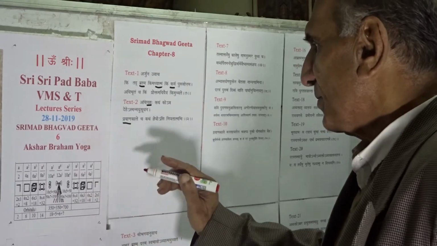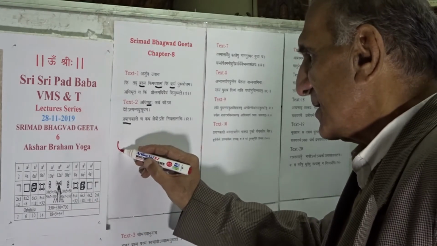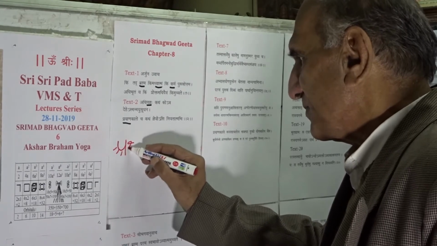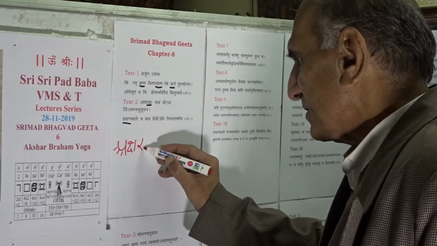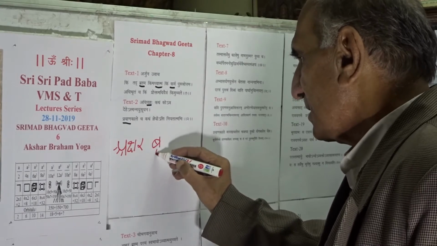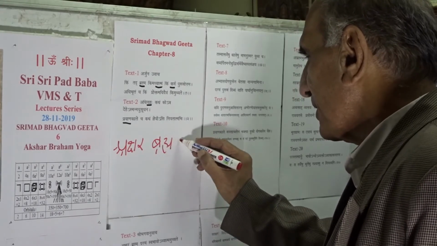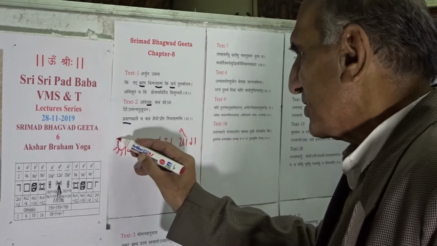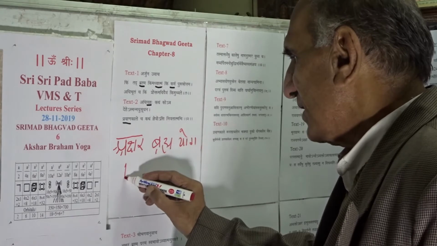Akshar Braham Yoga is a formulation of Akshar, Brahm and Yog. Formulation Akshar is of TC value 13.